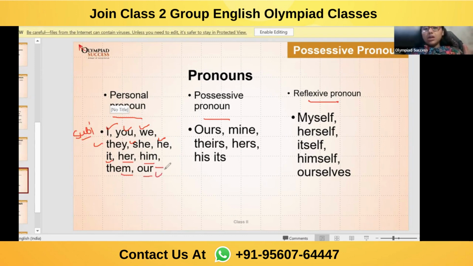These are object pronoun that mostly come in middle of the sentence or later part of the sentence. Next is possessive pronoun that owns something, means ours, mine, theirs, hers, his, its. Next is reflexive pronoun: myself, herself, itself, themselves, yourself, yourselves.